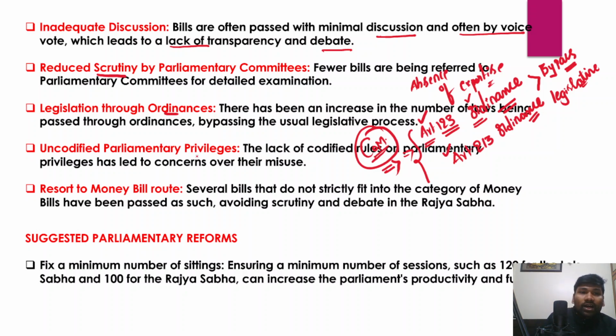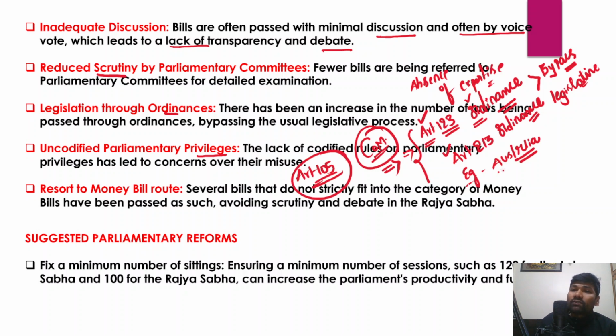And in fact, uncodified parliamentary privileges under Article 105 of the Indian Constitution are another major issue that has to be tackled. For example, countries like Australia have already codified parliamentary privileges, but in India these privileges are not yet codified.